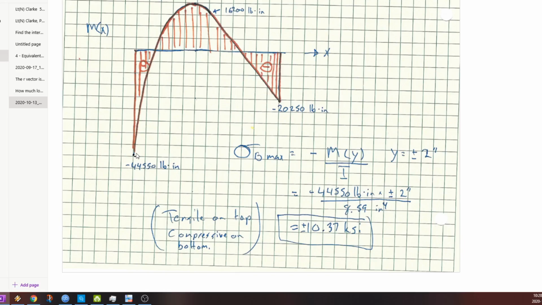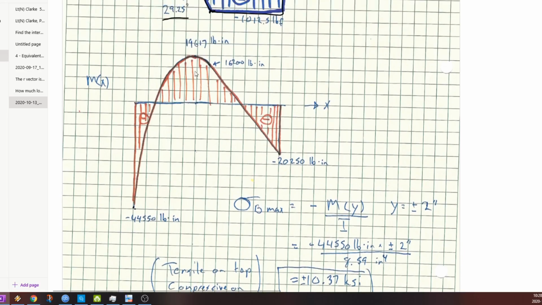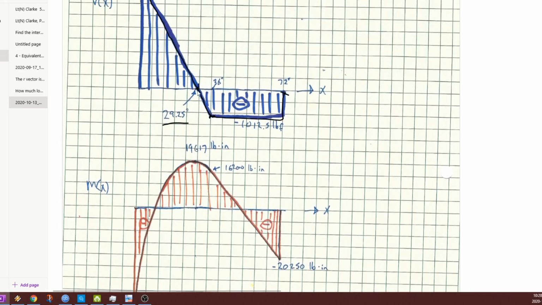So that added to our negative 44,550 pound-inches gives us a maximum bending moment at that point where the shear graph crosses the x-axis of, what do we got here?